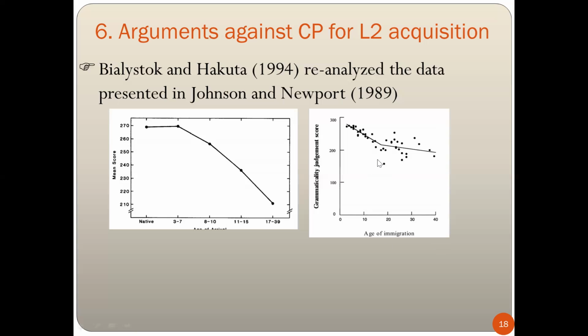But as you can see, the results, the pictures we get after the Bialystok and Hakuta reanalysis are strikingly different from the pictures we get in the original Johnson and Newport study. So what we find here is a little bit more dispersion, but generally a very gradual decline from one point to another, nothing like the steep decline that we get here.